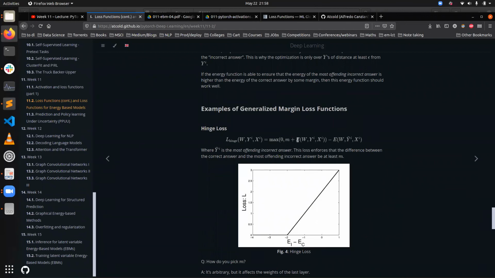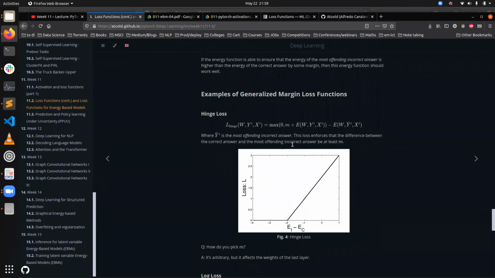You want the energy at the data point to be at least m lower than the energy of the most offending incorrect answer.